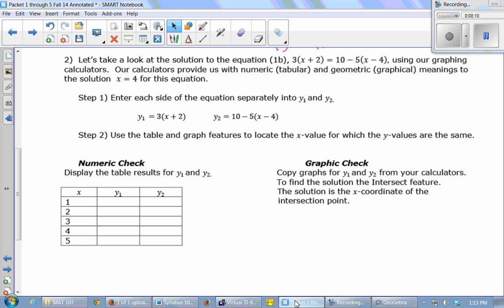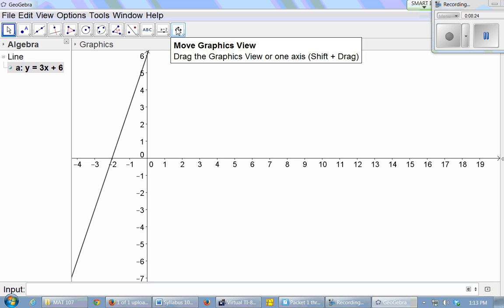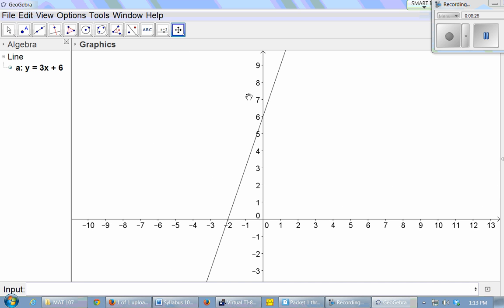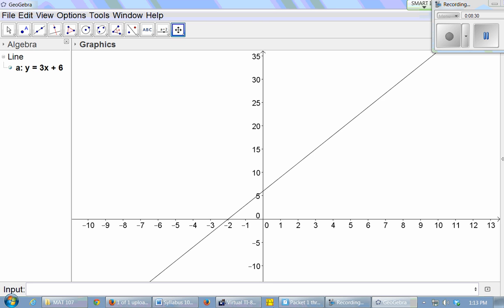Okay, so the first line was y equals 3 times x plus 2. So I just in the input type y equals 3 times x plus 2 and hit enter, and it graphs that line. And if I want to adjust the window, I can just drag this down, drag that down. There we go.